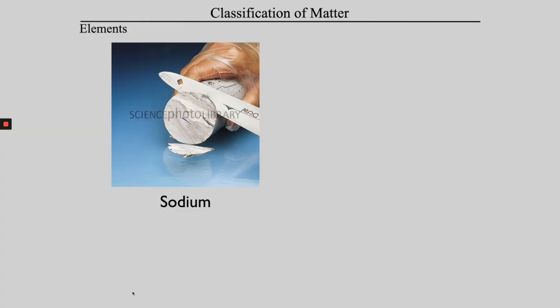Here's what I'd like you to do. Flip your paper over, and on the back, please write down 2 physical properties of sodium, physical properties that you can see from this picture. And by the way, that thing on the right is a knife. I like it.